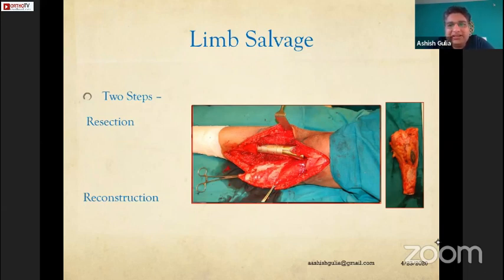We will have to discuss them in a different class altogether, but the absolute indication, or how we judge, is that if the function of a limb salvage limb is inferior to an amputation and external prosthesis, you should not be doing a limb salvage. This is a bottom line which we must remember.